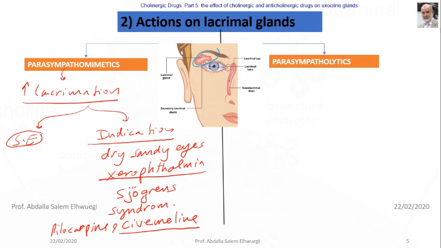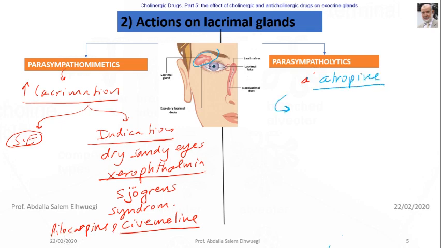Okay. And exactly the opposite in the parasympatholytics or atropine-like drugs. Atropine-like drugs produce the opposite effect. What do they produce?